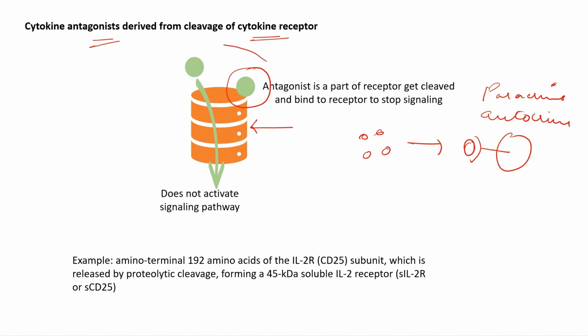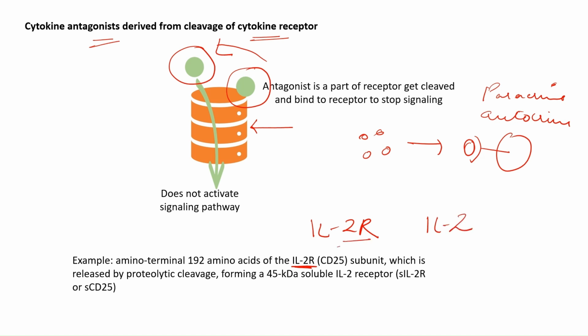When they get cleaved and separated from the receptor, this molecule, which was earlier part of a receptor, will now function as an antagonist. Okay, one such example is interleukin 2R, which, as the name suggests, is antagonist to the interleukin 2 cytokine.